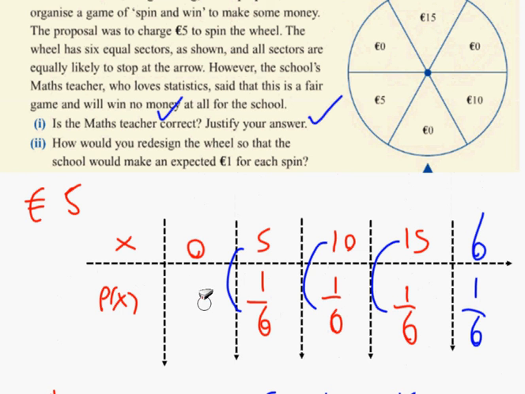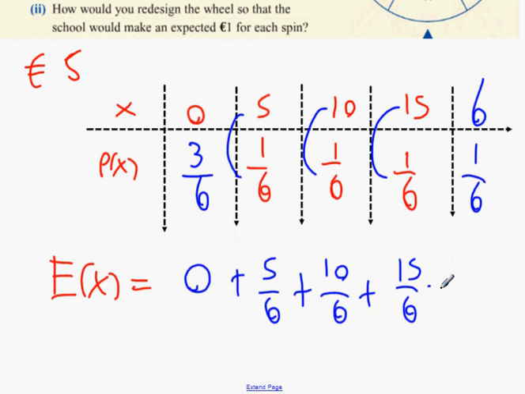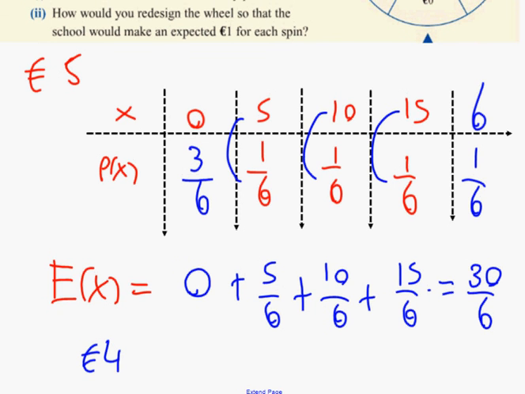Okay, so what we'll do is this. We'll leave it the way it was. Zeros are half the board, yeah? What we had was, this totals 30 over 6, yeah? If that totaled 24 over 6, that'd be much better, wouldn't it? Because 24 over 6 would be an average value of €4 per game, which means that we're making €1 per game. So what I'm going to do is lower one of the scores.